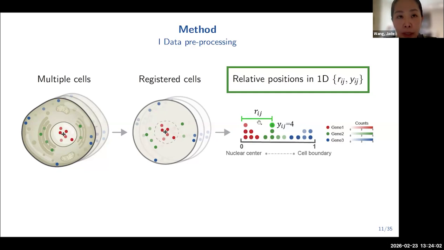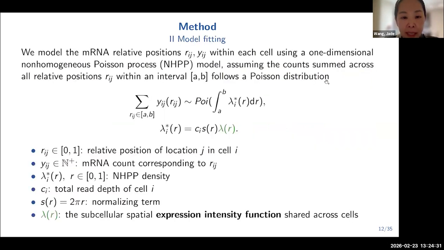It measures the relative position, how far it is from the nuclear center, as a ratio between 0 and 1. And each spot also comes with a count. For sequencing-based methods this is a count, but for imaging-based methods this can only be 1 because it is either observed or not observed. So this is the output of the preprocessing step.